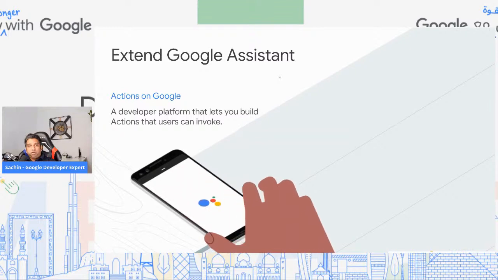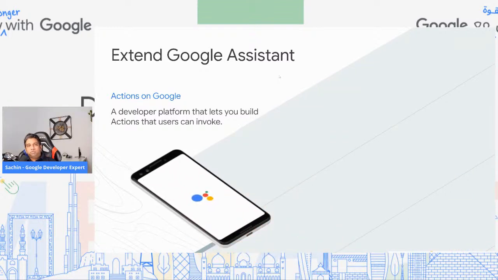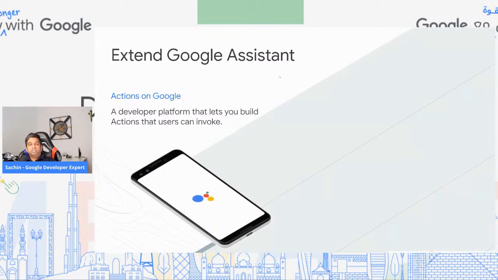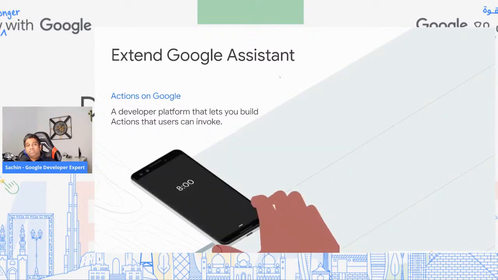Now, whatever we're going to talk about today is very specific to Android applications, at least at this time of recording. So what you can do is extend the Google Assistant to your Android apps. And for that, one of the basic fundamental things you need to understand is Actions on Google. So what is Actions on Google?